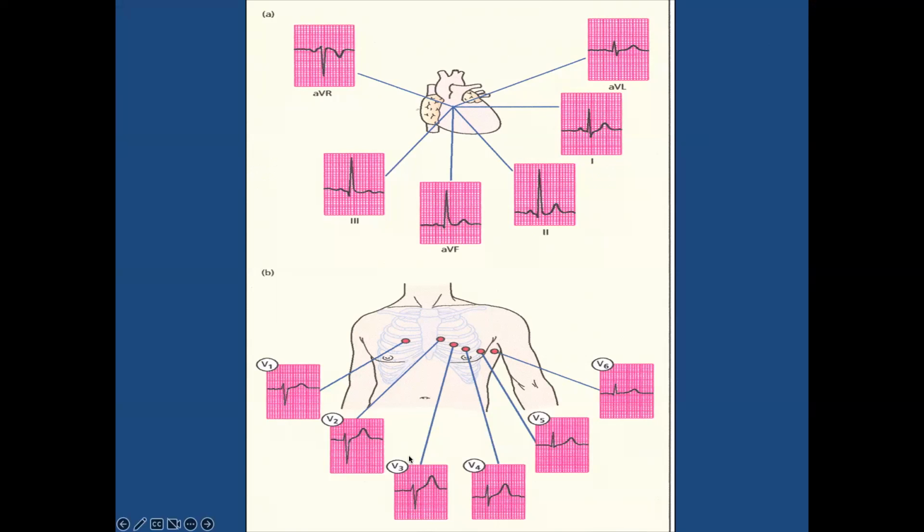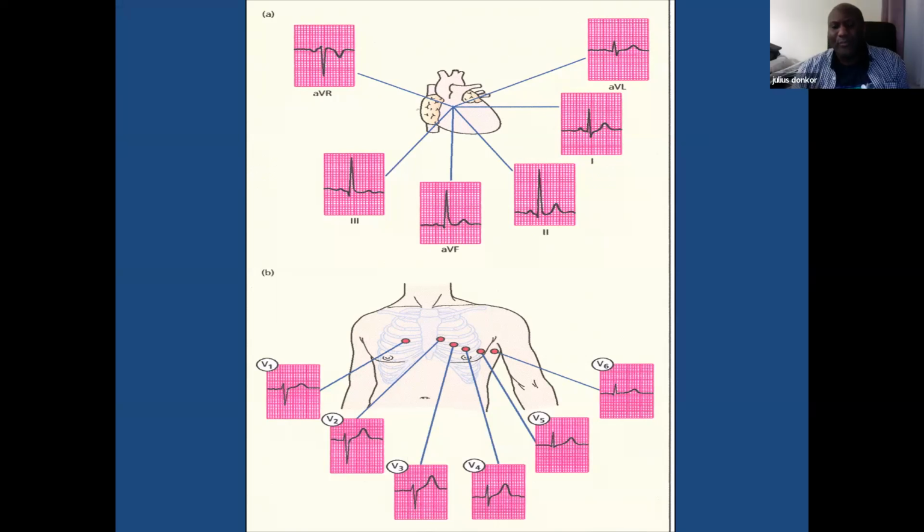So when you have LVH and people are diagnosed by Sokolow voltage criteria, they will look at the R wave or QRS voltage in your V5 and V6, then add it to the S wave in V1.